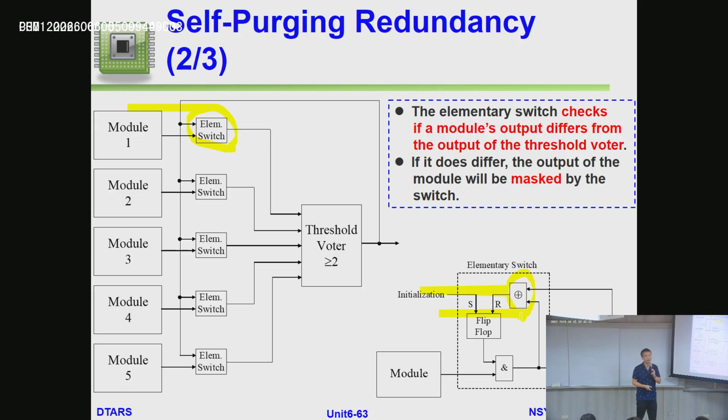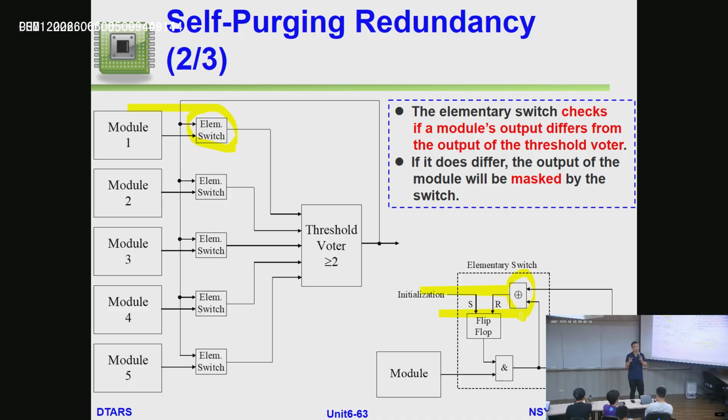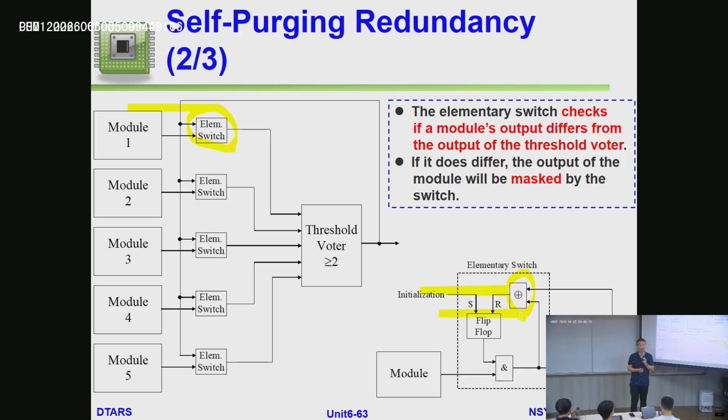So here we can try to classify. For every module, we go to this path and use this threshold voter to do the error masking functionality. And then we again use a threshold voter to generate correct results, the golden results. And we use this elementary switch to compare if there is any difference between these golden results and the module outputs.